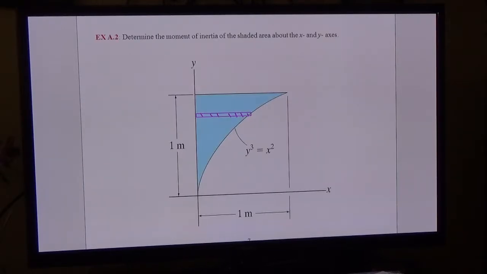Alright, going back to our area, now we want to calculate moment of inertia about the y-axis. So for the y-axis, we want to choose an element that touches the curve at xy and that is parallel to the y-axis. So in this case, we use a vertical element like this.